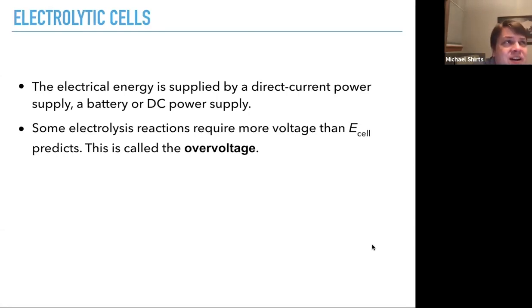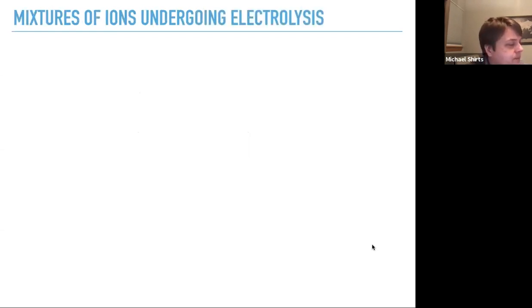Maybe you get a coating on the anode or the cathode when you run the reaction, or because it's producing gas, you reduce the surface area. There are lots of weird things that can happen. So you'd never really know beforehand, but if the reaction you think should be happening is not happening, it might not be that you screwed up your calculation. It might be that you need an overvoltage in that particular case.